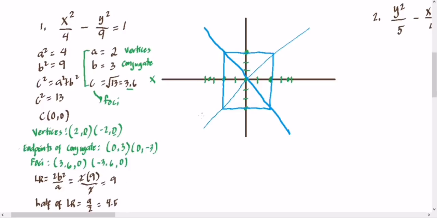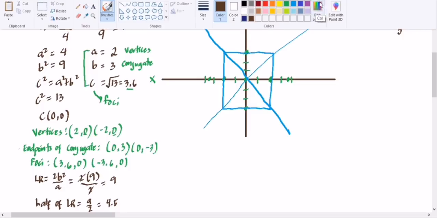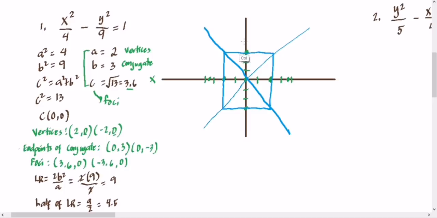Yung 4.5 na, i-count natin yan mula dito sa foci. So, bilang lang tayo ng 4.5. Okay? So, from this, bilang tayo ng 4.5. So, 1, 2, 3. Lagay tayo ng 4 dito sa taas. 4. So, 1, 2, 3. Then, 4. Then, lagay tayo ng 5 para sa 0.5.